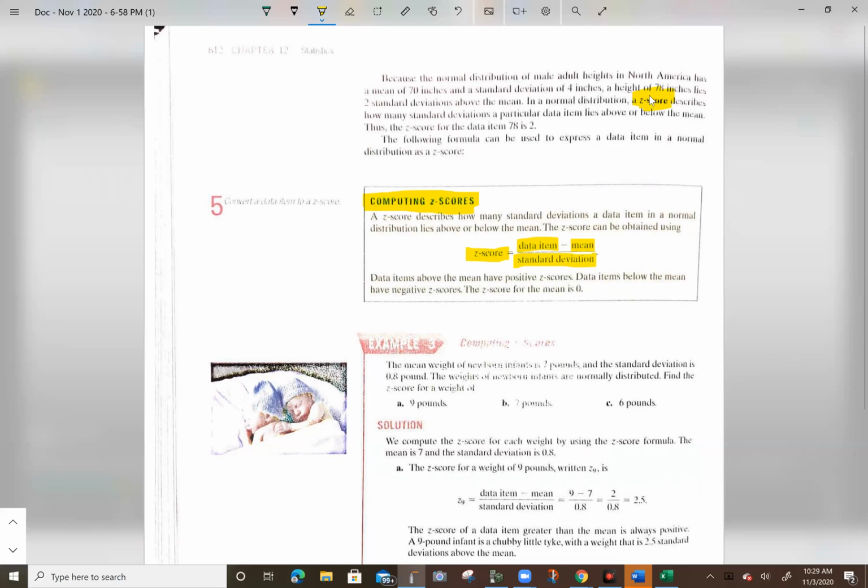So up here, it says that a height of 78 inches is 2 standard deviations. Let's see if that's true. Our data item, the 78, minus 70, our mean, divided by our standard deviation, which is 4, and we get 8 divided by 4, which is +2.